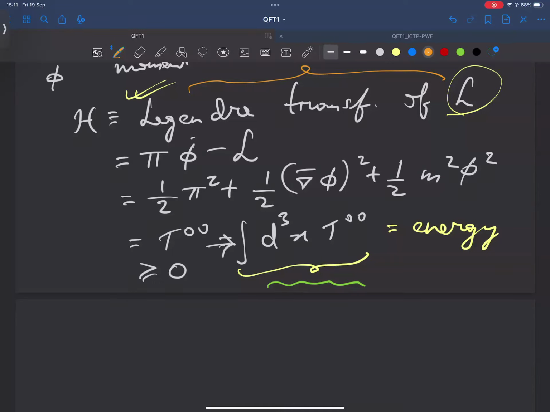Under which transformation? Okay, that's a good question. So the Lagrangian is a scalar. Whenever I say scalar, it means under Lorentz transformations. So yes, under Lorentz transformation, it's a scalar. That's why in the Lagrangian, you always contracted indices.